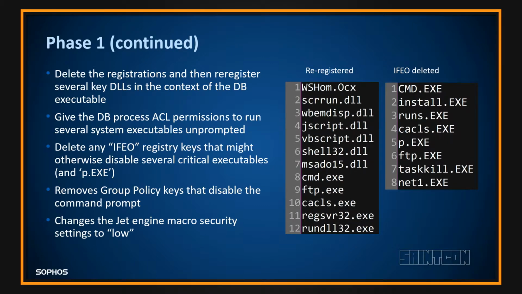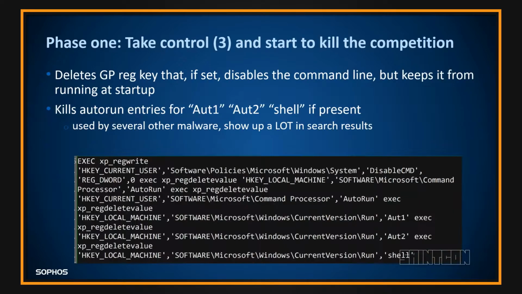If you delete those keys, you can bypass all of those protections. It removes group policy keys that also disable the command prompt and FTP and cackles, and it changes the macro security level to low for the Jet engine server.